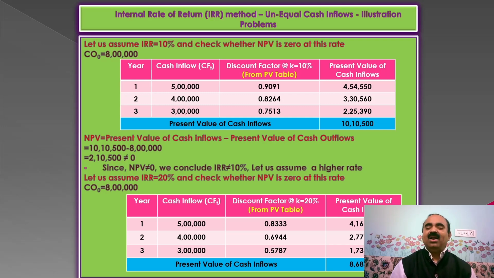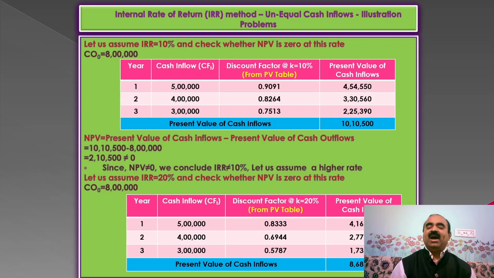After adding all the present value of cash inflows, I got a total present value of cash inflows of 10,10,500. NPV is defined as present value of cash inflows minus present value of cash outflows, that is equal to 10,10,500 minus 8 lakhs, that is equal to 2,10,500, which is not equal to 0. Since NPV is not equal to 0, we conclude IRR is not equal to 10%.